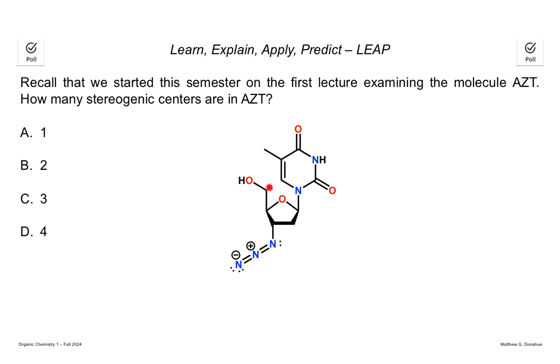So that is not a stereocenter. It has 2 hydrogens. Is this a stereocenter? So that one is. What about this one? So that's a stereocenter. The next one is not, has CH2. That one is. You go along the rest, they are not. So we end up with 3 stereocenters.